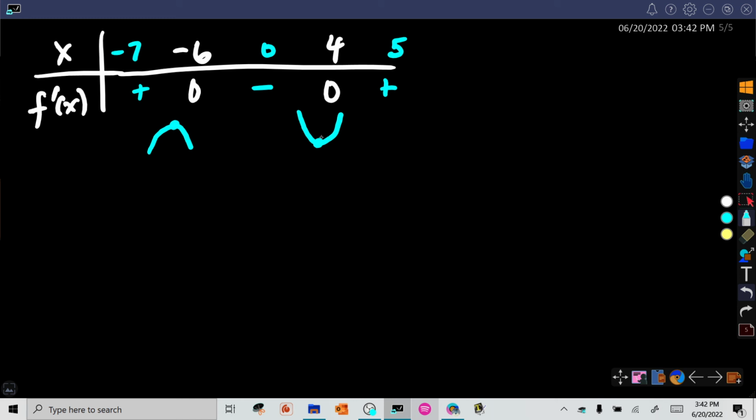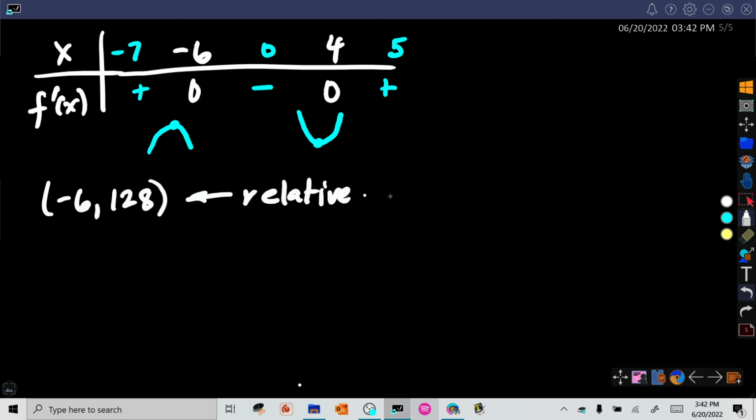That means the point minus 6, 128 is a relative max, and 4, minus 116 over 3 is a relative min.